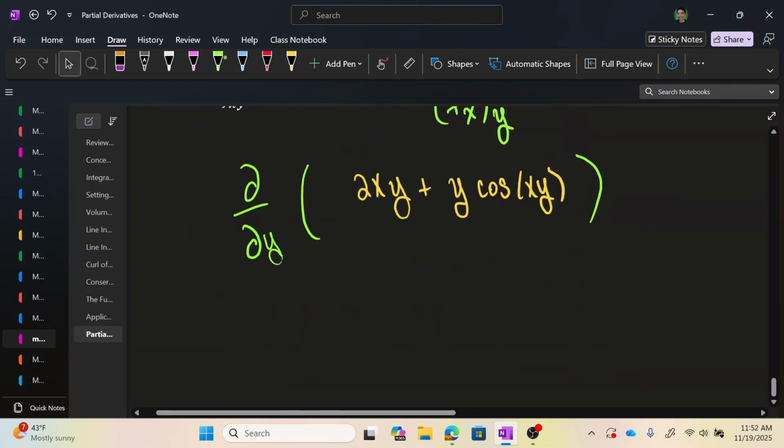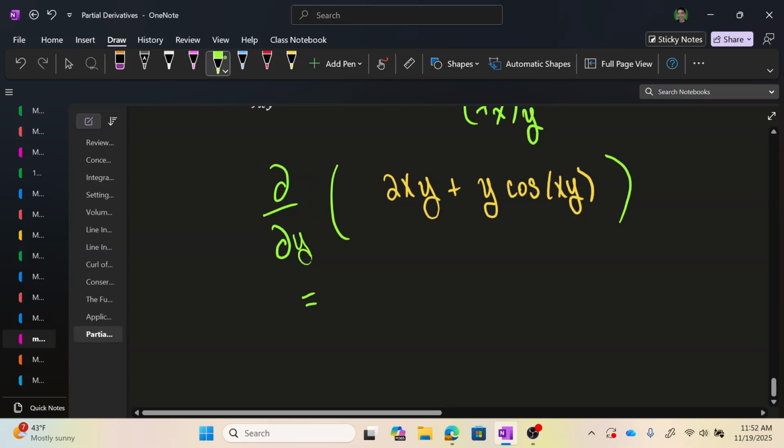So thinking about this in terms of y being the variable and x being the constant, here, we're going to get from our first term 2x, because here 2x is our constant multiple.